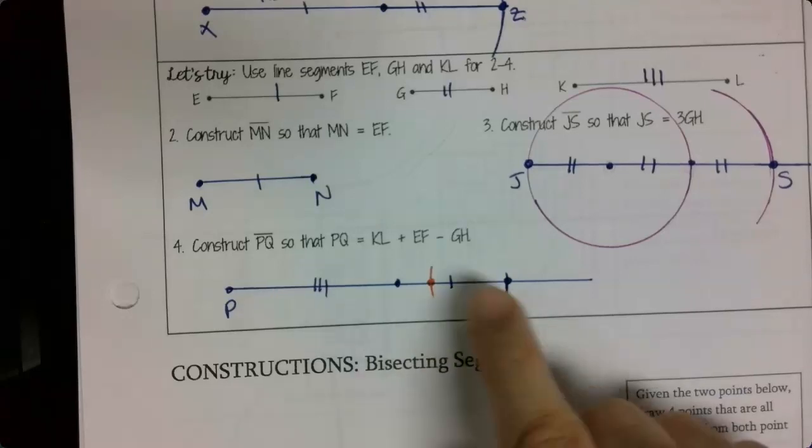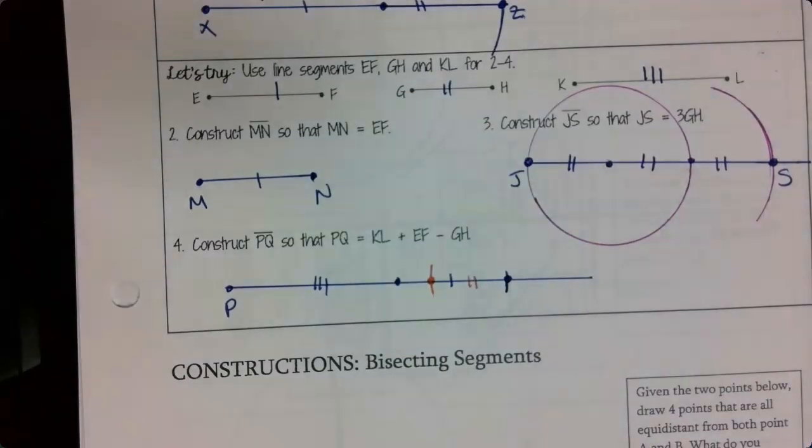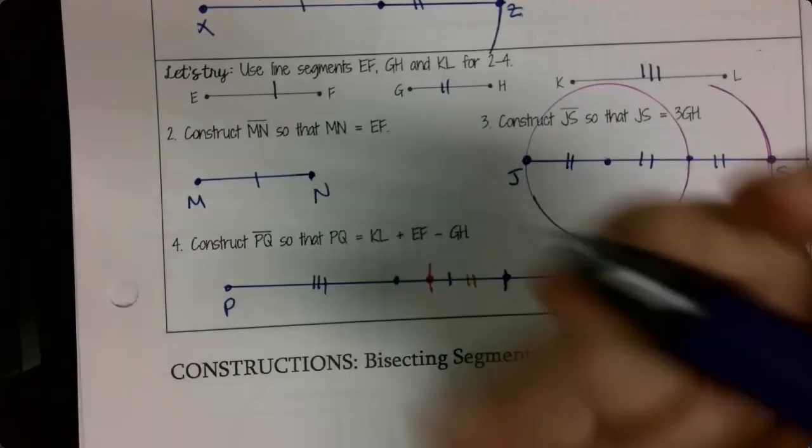Okay, so from that red arc to that point I just drew, that's the length of GH. So that red point I drew is going to be Q.